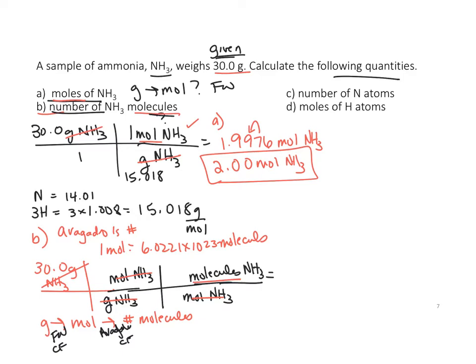So here, 17.034 goes with grams, 1 goes there. And in this conversion factor, 1 goes with mole, and 6.022 times 10 to the 23rd goes with the molecules.